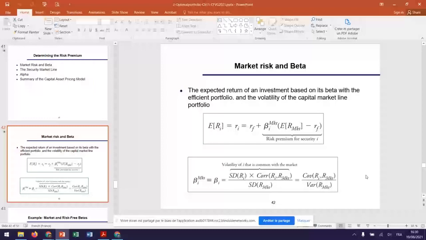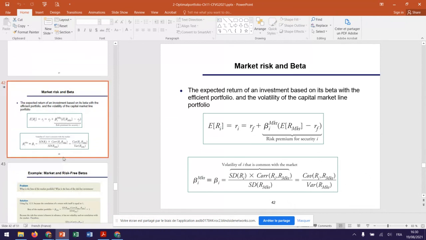We can measure beta by the covariance of RI and RM divided by the variance of RM. Since covariance equals correlation multiplied by the standard deviations, and variance is the standard deviation of RM squared, I can cancel terms on the top and bottom and get this formula for the beta.